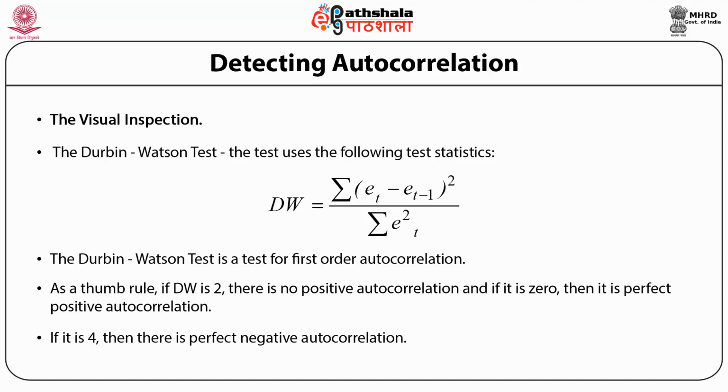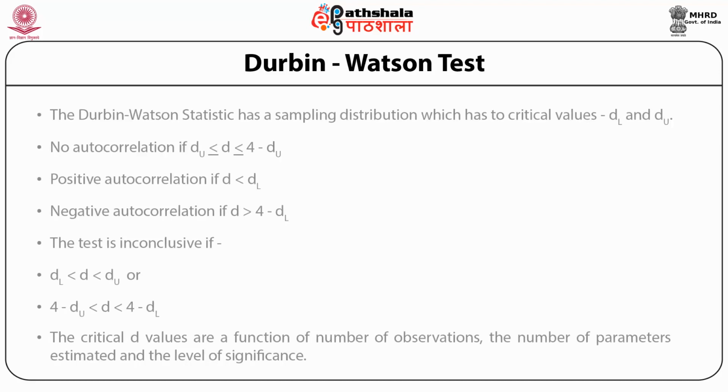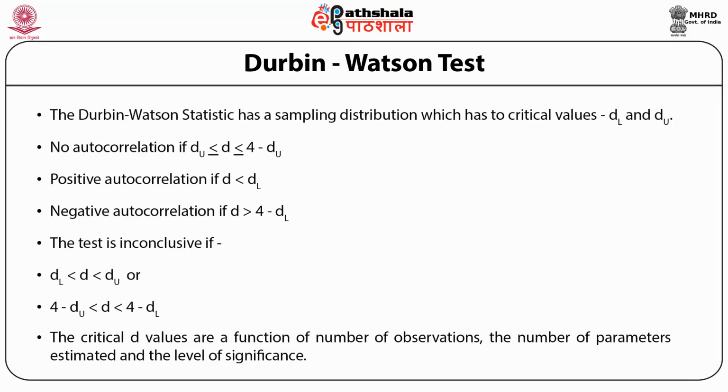So we need to remove these two problems for better results. Here we have the Durbin-Watson test. We can use this test to ensure that we have removed the problem of autocorrelation.